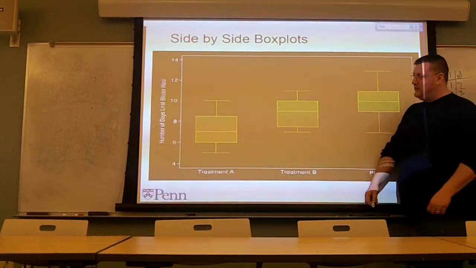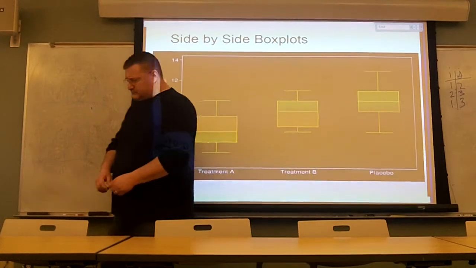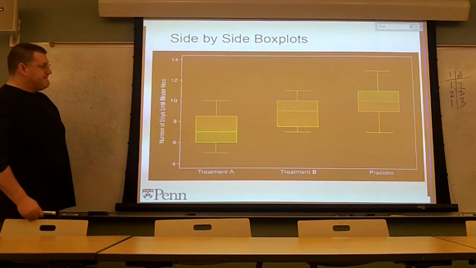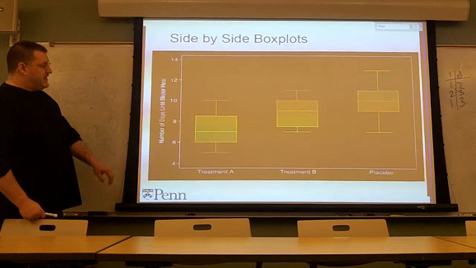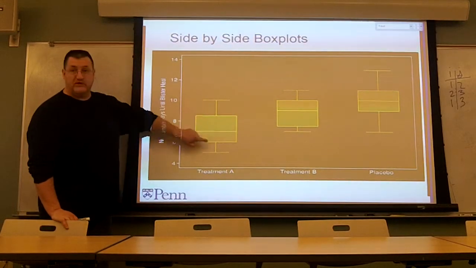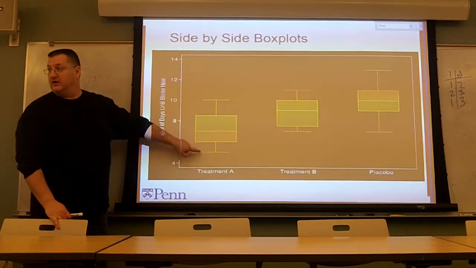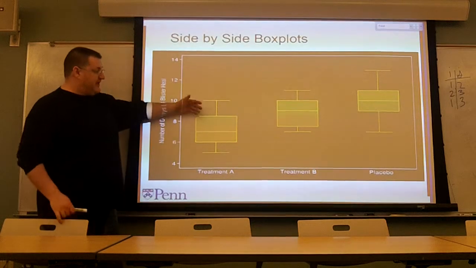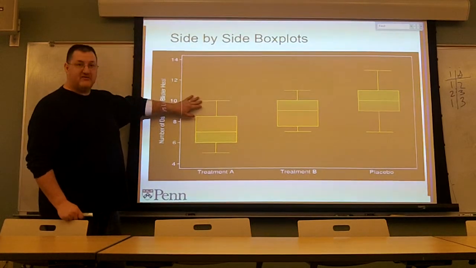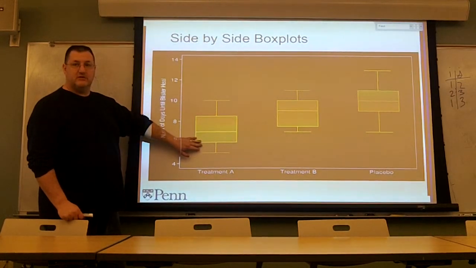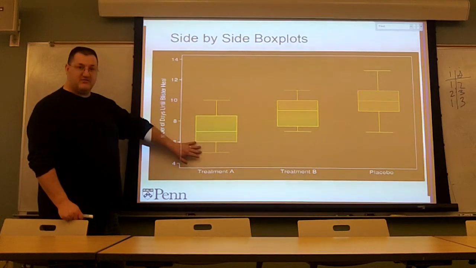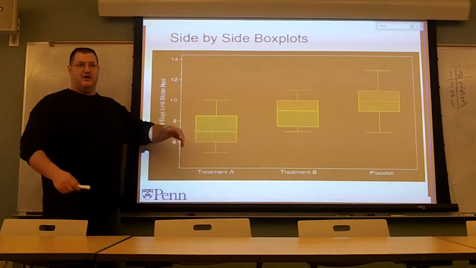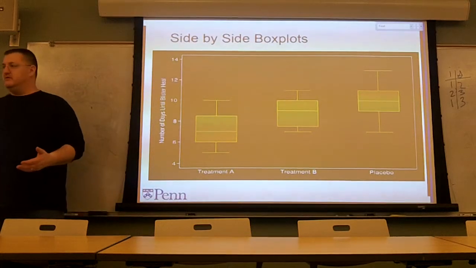For those of you who don't remember, let's do a quick refresher. These are called whiskers, the whiskers of our box plot. They should give us some idea of the maximum value and the minimum value. If I'm looking at maximum and minimum value, what am I talking about?